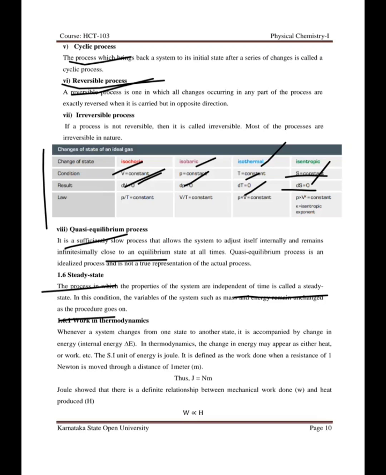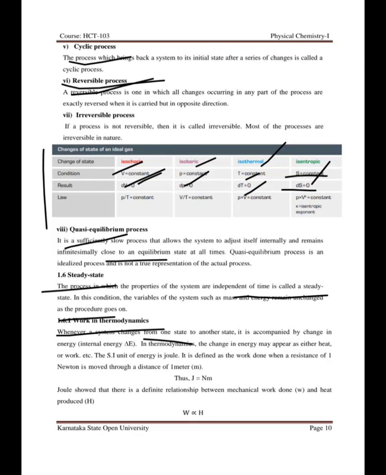And next is work in thermodynamics. When a system changes from one state to another, you have seen how the reaction takes place.